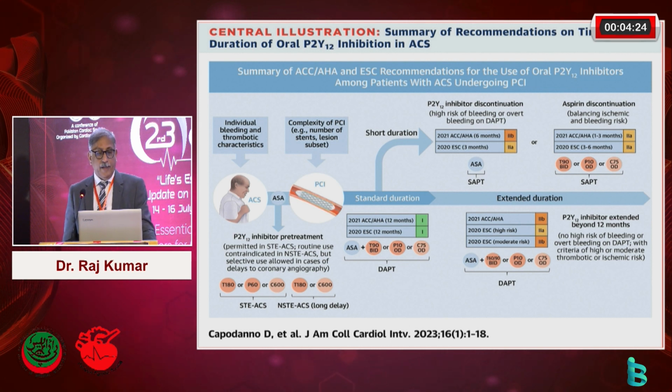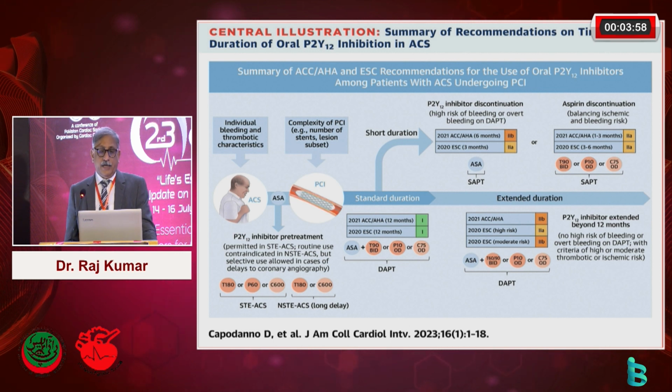For standard duration, the 2021 American College of Cardiology says it's a class 1 recommendation for 12 months. The European Society of Cardiology also says class 1 for 12 months. So aspirin along with ticagrelor or prasugrel, but we need to assess the risks.